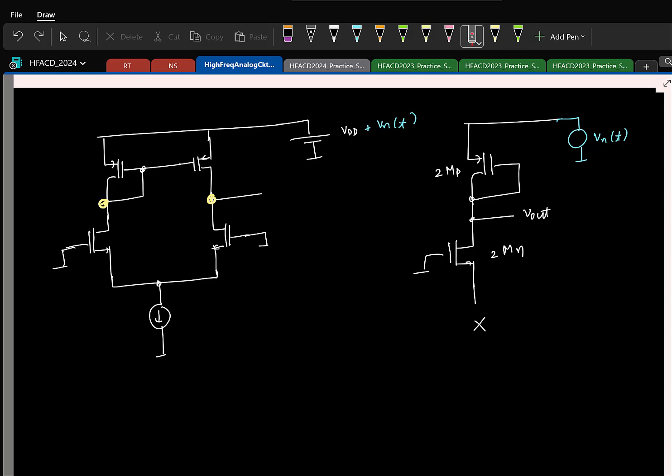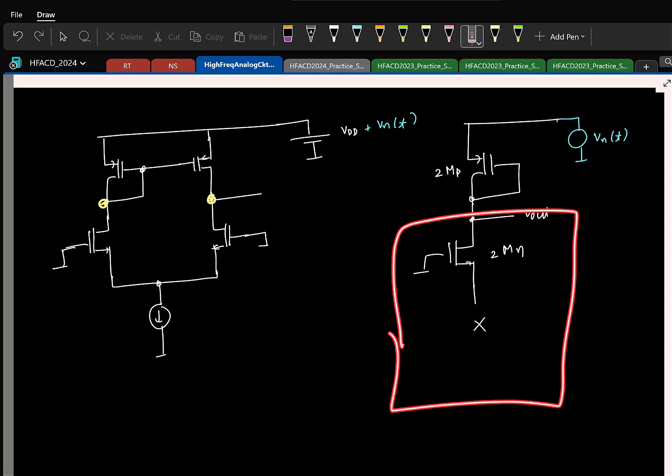Why? Current is 0. Yeah, see, current is 0 here because this is open. Incremental current should be 0. And incremental current, I mean, there are multiple ways in which you can look at this. Incremental current is gm times VGS, right? So which means these two must be same. Other way to see is, see, here I have a voltage source, and that voltage source is dropping between this resistance and this entire resistance here.